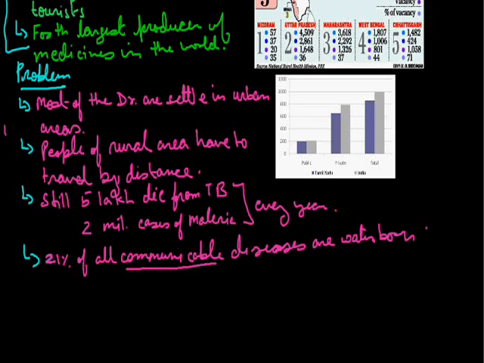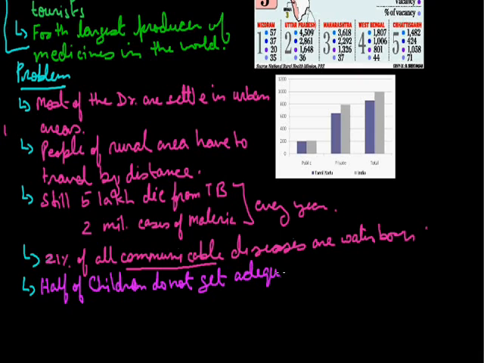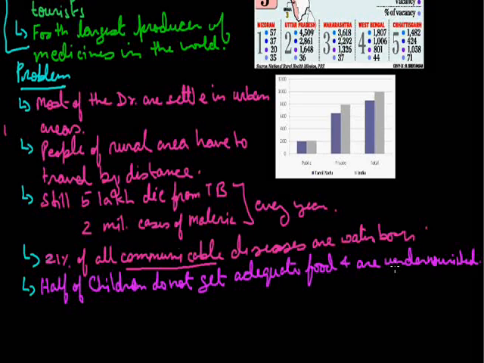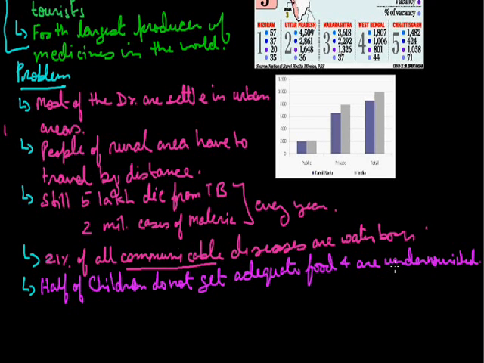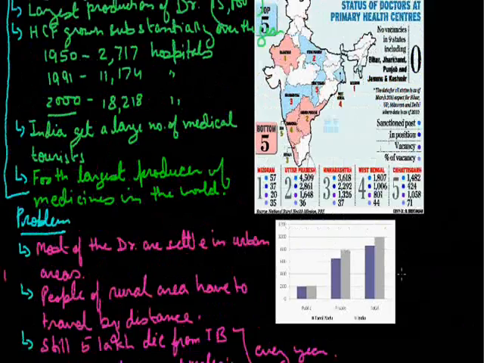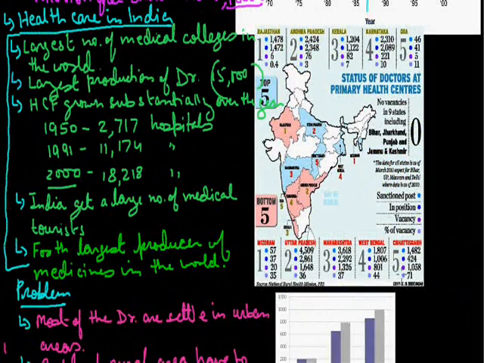They are waterborne diseases. Half of the children in India do not get adequate food, and that is why they face the problem of undernourishment. Here, this map of India.